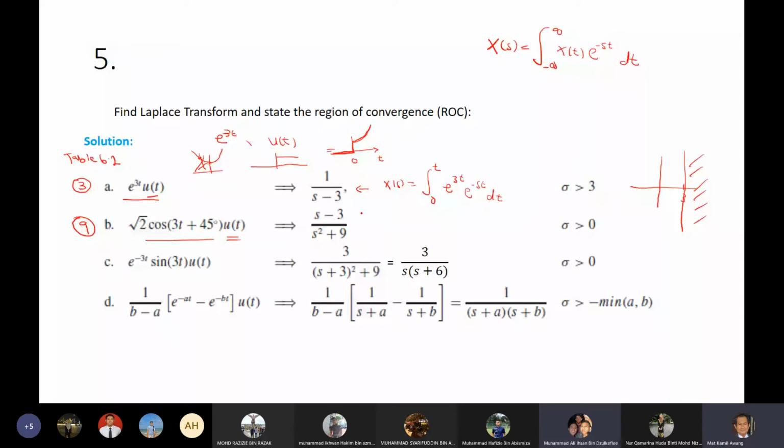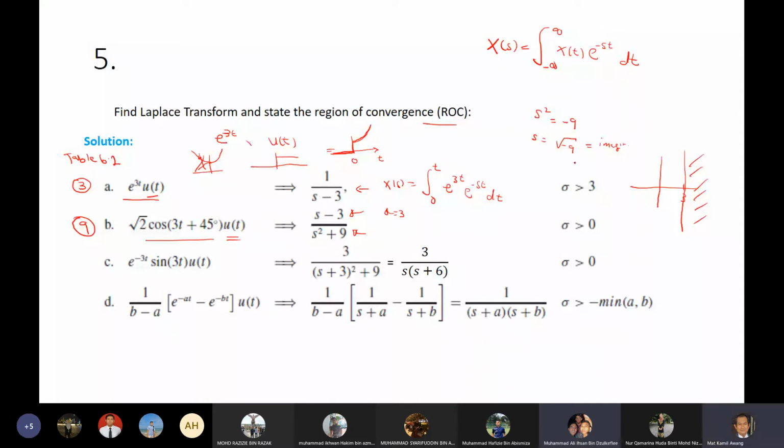From here, the zeros are at s equal to 3 zeros. But for region of convergence, we have to find from the denominator, so s squared plus 9. S squared is equal to minus 9, so s is the square root of minus 9. So this is actually imaginary, right?